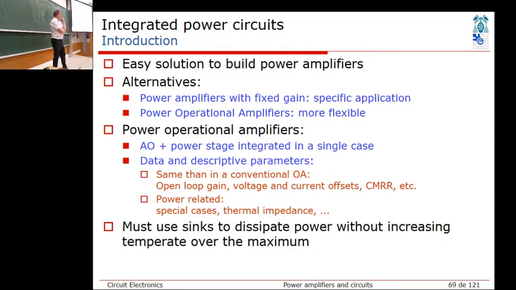But nowadays you can find up to tens of watts with quite a decent price. When you go over 100 watts, there are not too many power operational amplifiers that can do that. When you go over 100 watts linear, then you would probably drive a high power amplifier stage, which is a class AB transistor design, with a lower power operational amplifier to make sure that these transistors get enough base current.